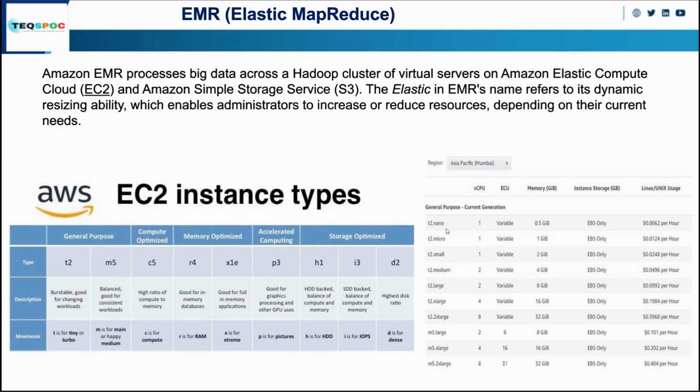You have to pick an instance that is well suited for your requirement. Like if you want memory optimized, you can go for the R1s, and from the R1s you have to pick how much you want to pay. Will it be small, medium, large? Accordingly, you pick the cluster resources, and you pay the corresponding amount. Okay, so this is about the EC2 instances and how they form EMR.